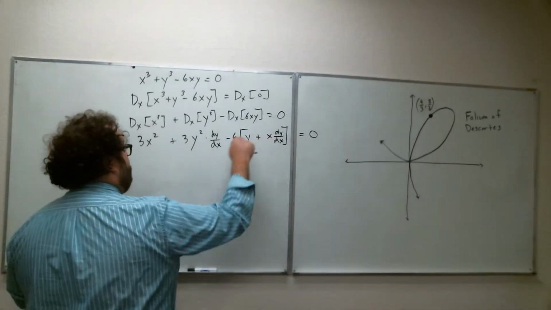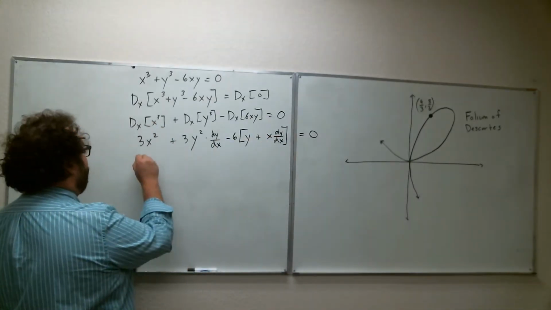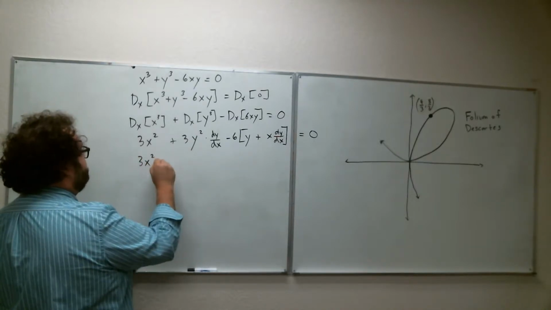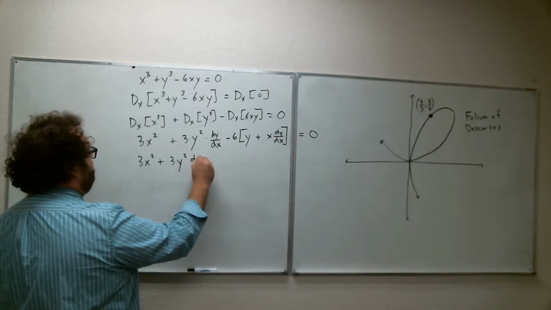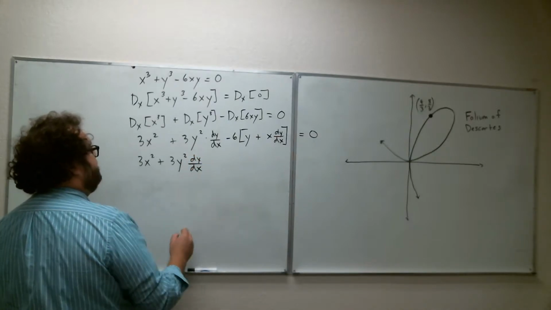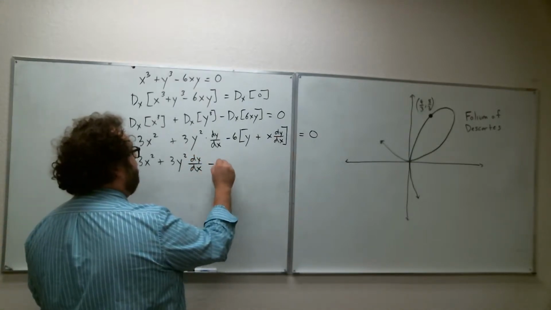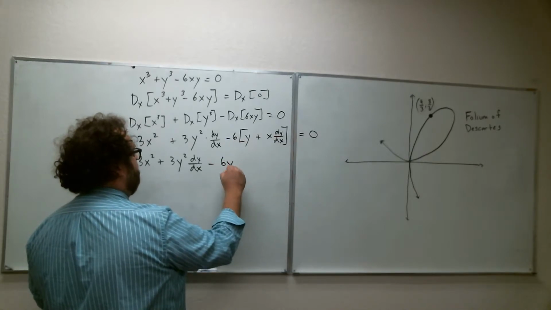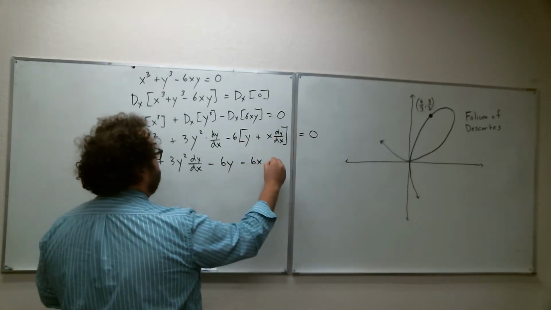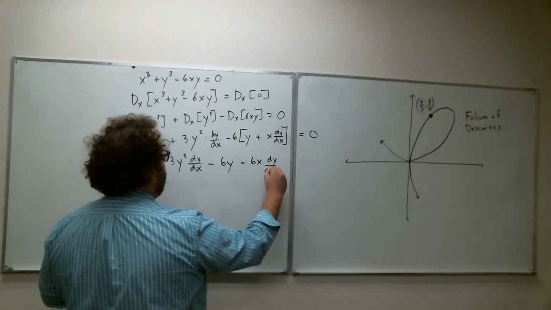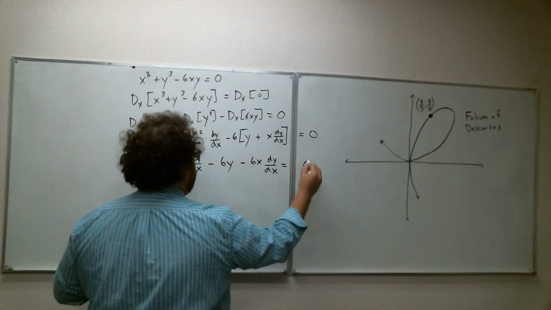So first, though, we need to use the distributive property. We have 3x squared plus 3y squared dy/dx minus 6y, minus 6x dy/dx equals 0.